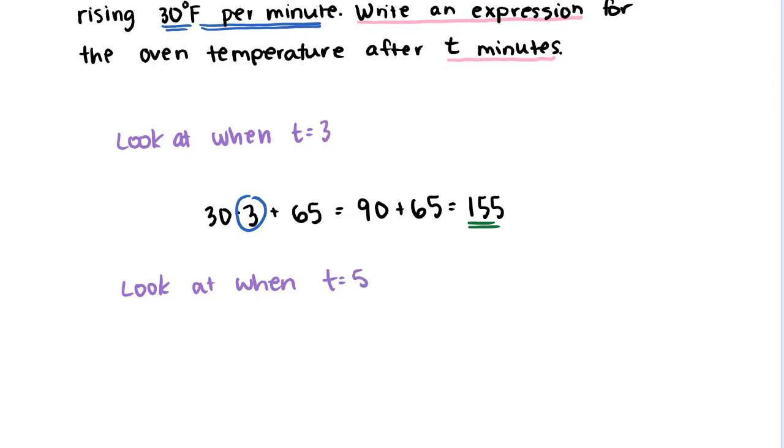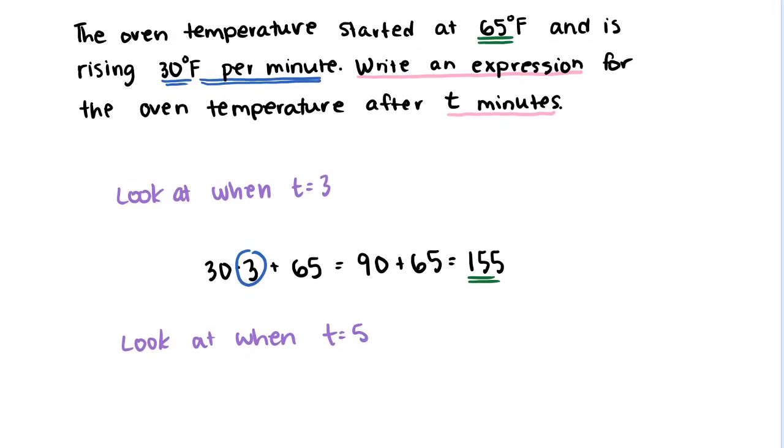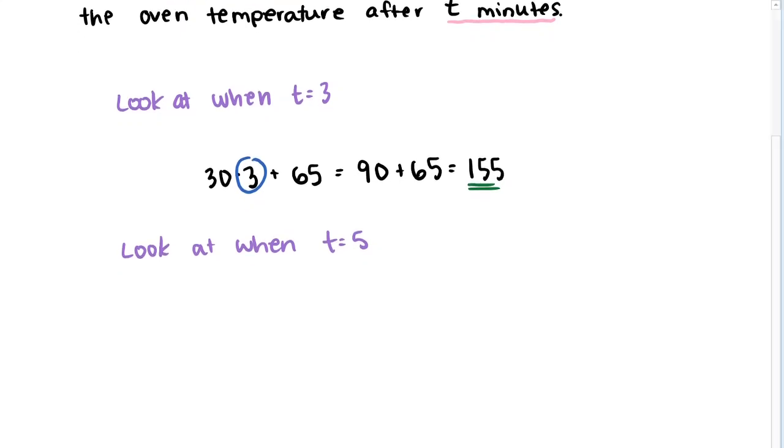It's the same situation, but now 2 more minutes have passed, so 30 degrees added on 2 more times. Or you can think of this as a 30 degree increase for each of those 5 minutes, right? So 30 times 5 will tell us how much the temperature increased in the 5 minutes, and we're adding that on to what the temperature was to begin with, 65.